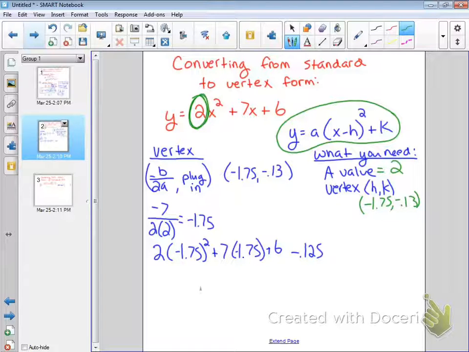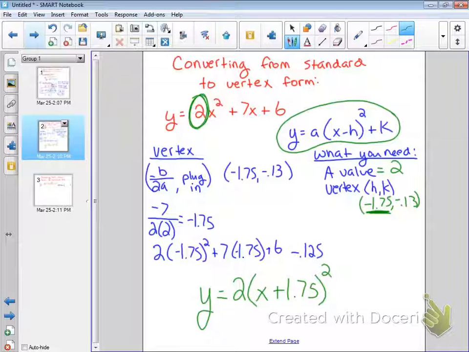Your answer is y equals 2 parentheses x, and remember we put in the opposite of the x value, so here it's negative, so we put in the opposite, plus 1.75 squared, and then we put in the actual y value, minus 0.13.